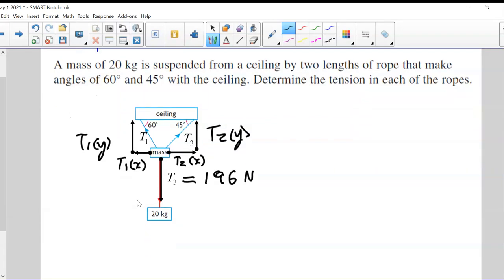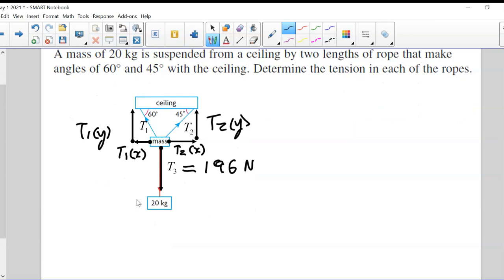Now, here's what we're also saying, that the T1 vector and the T2 vector in the x direction must balance each other out. The T1x vector must be equal to... let me write it a different way.